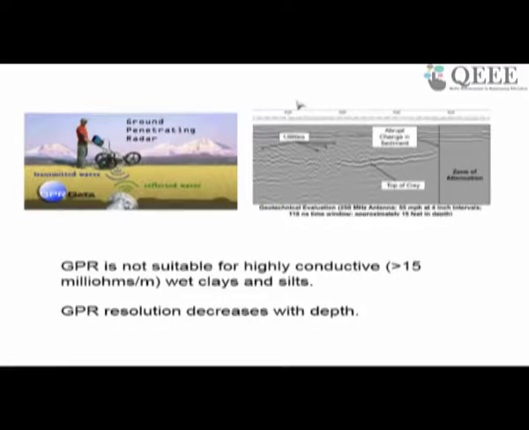So this is a relatively new method which is commonly used to characterize the ground. GPR is not suitable for highly conductive wet clays and silts, so it is not very suitable in that case. And as you know, GPR is not very suitable for larger depths.